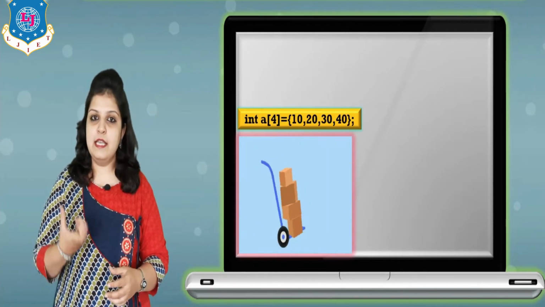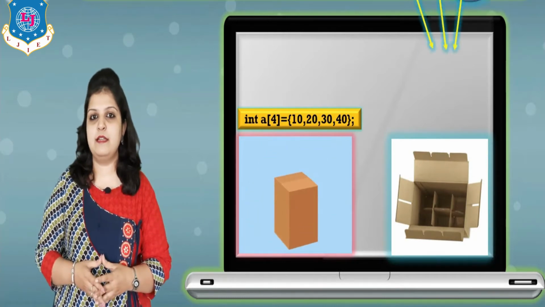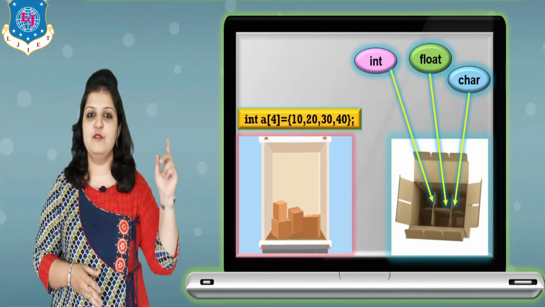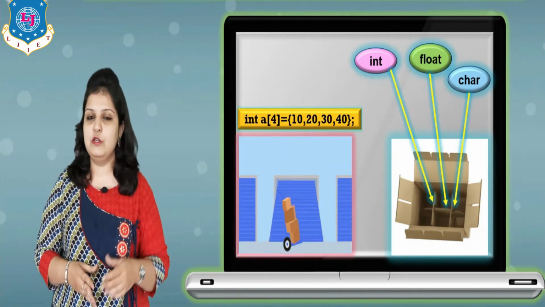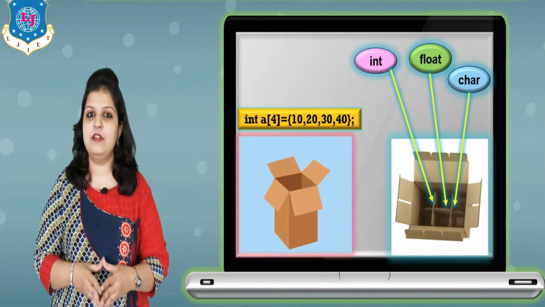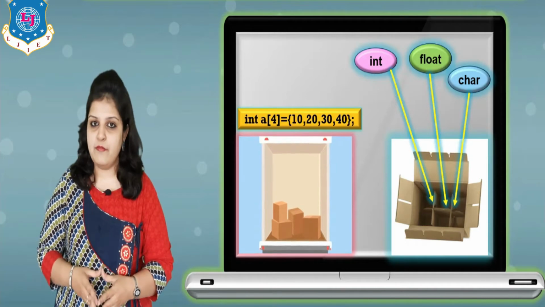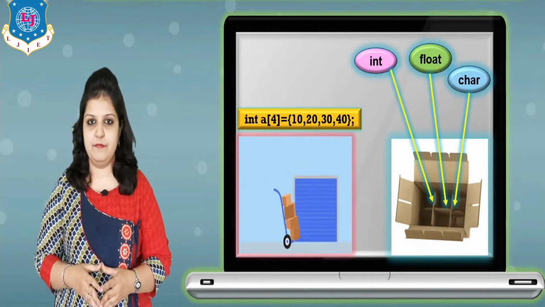But in a single variable I want to store different data types. Then is it possible? Yes, it is possible using structure. That's why we have to learn this new module. The benefit of structure is that we can store multiple values of different data types together in a single variable.